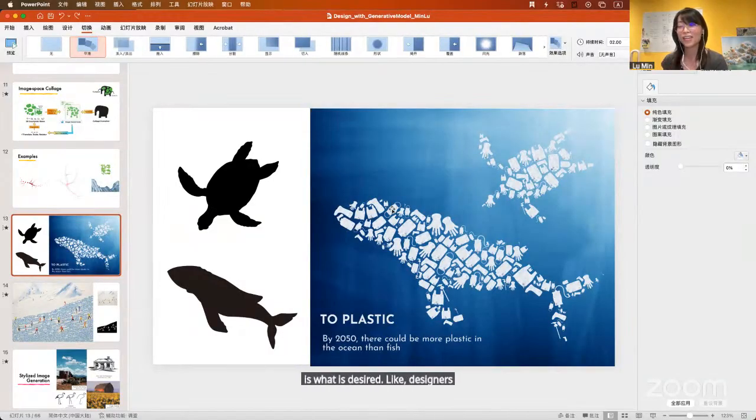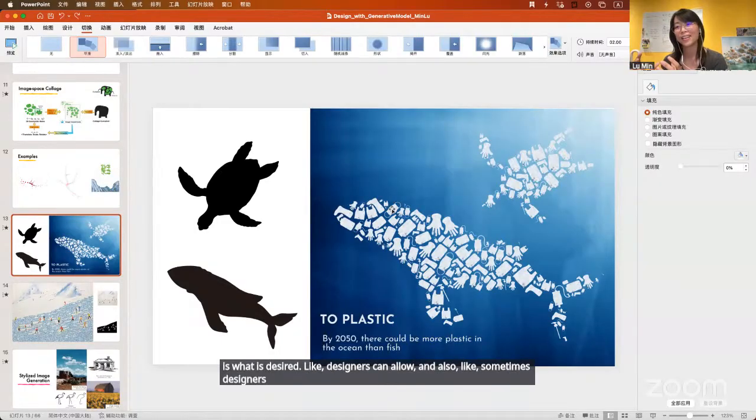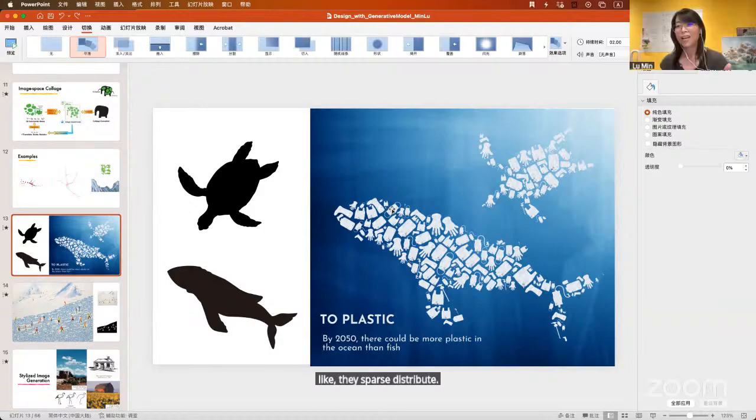Designers can allow it, and sometimes designers want margins between elements, like a sparse distribution. So it's very practical to extend this method to cover both cases.